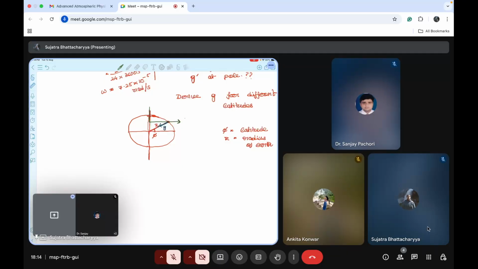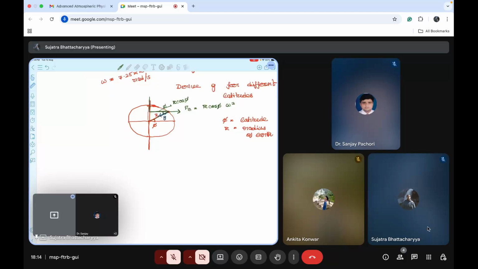So this is your centrifugal force, which is nothing but r cos phi omega square. Why r cos phi? Because this radius is r, so if this is phi, this is also phi, so this will be r cos phi. So remember, this is your r cos phi omega square. And why have I not put mass here? Because mass is unit. Considering unit mass.